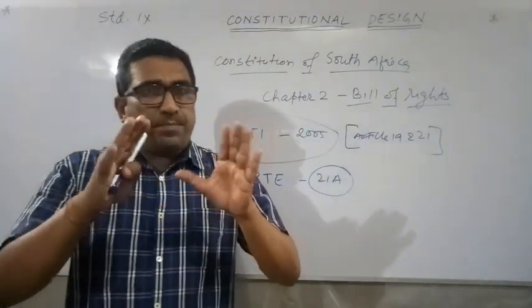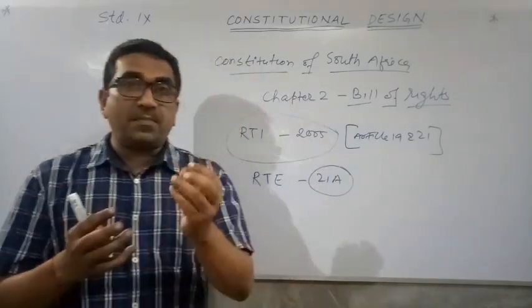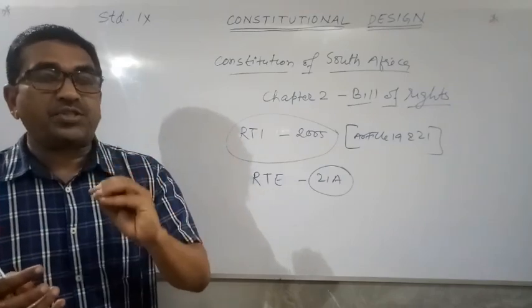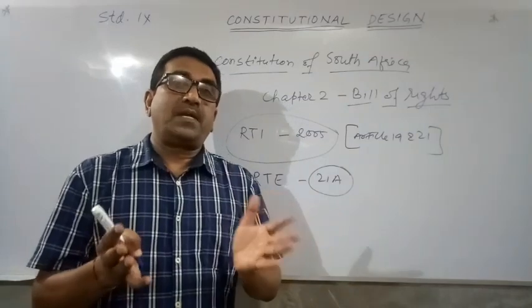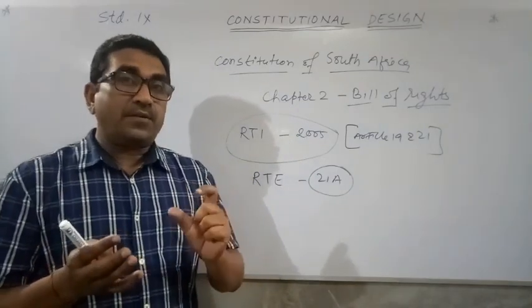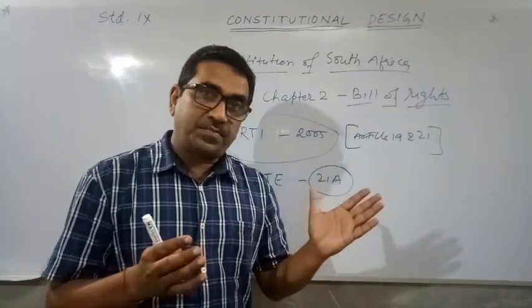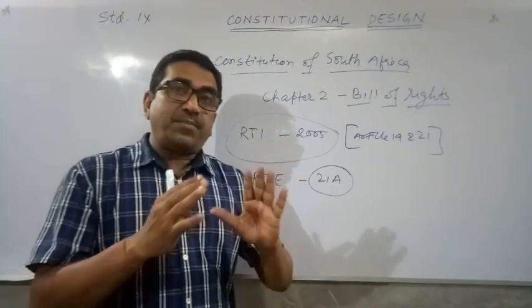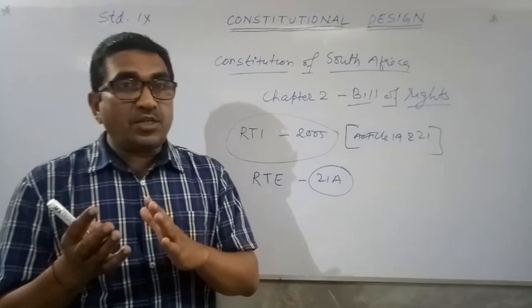While drafting the constitution, Nelson Mandela, the first elected black president of South Africa, told the peoples and argued that we should forget whatever has been done in the past. We just forget whatever has been done to us by the whites to the blacks.